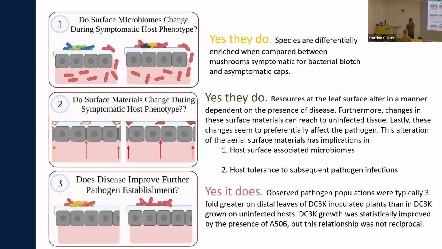It seems that it does, because we observed that the pathogen populations were typically, as I said, threefold greater on the distal leaves of DC3K than in either the uninfected or in A506 treated first. And this is extraordinarily exciting because in the presence of A506, we see that DC3K improves its growth, but that relationship was not reciprocal.